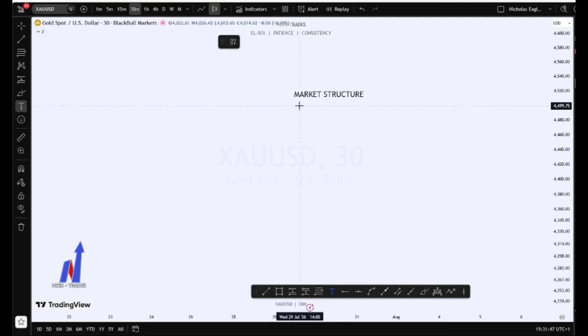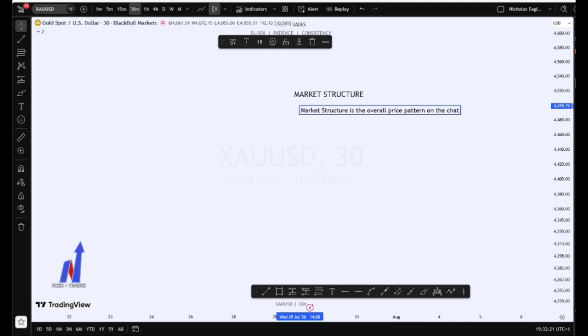Market structure is the overall price pattern on the chart.